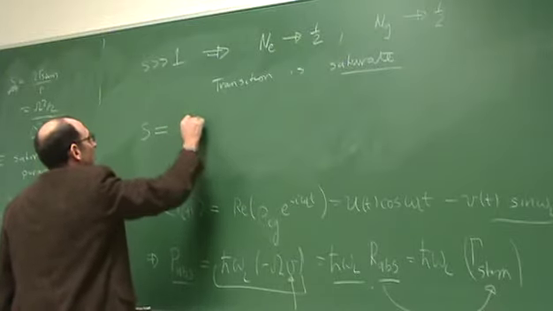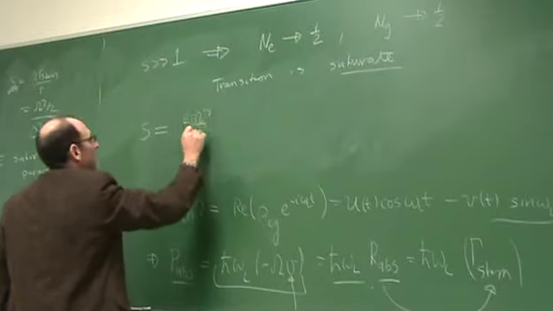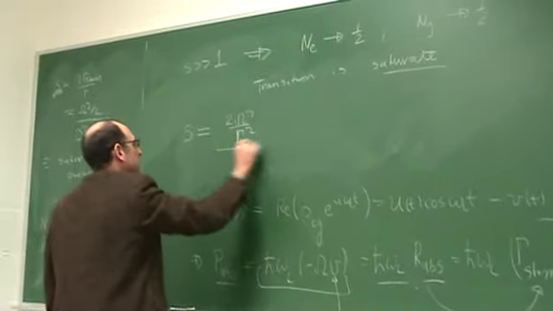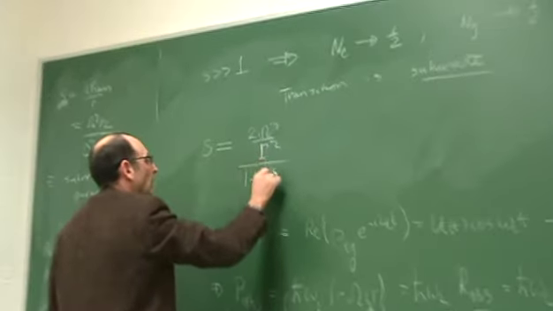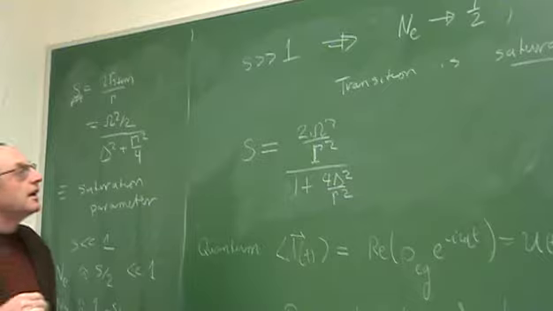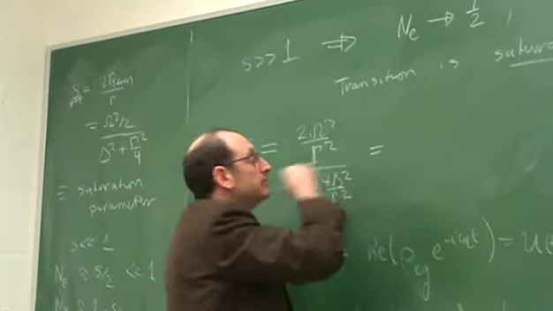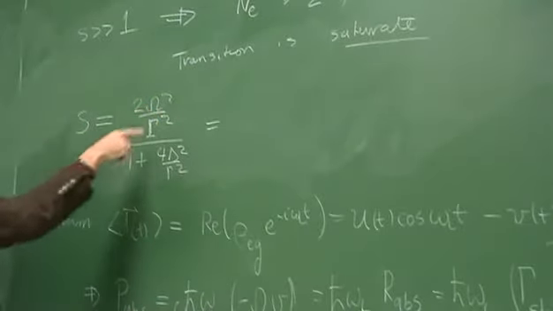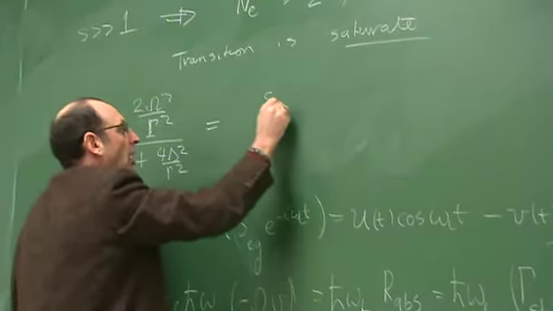So this becomes 2 omega squared over gamma squared, divided by 1 plus 4 delta squared over gamma squared. The saturation parameter is proportional to this, which is the saturation parameter on resonance.